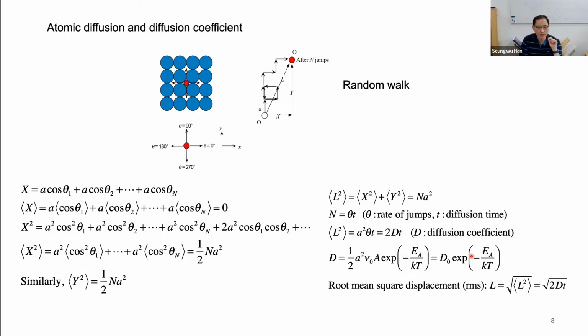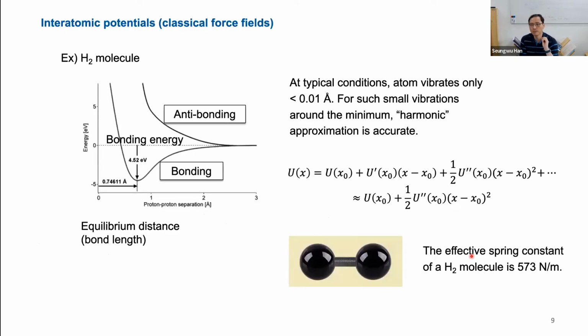All right, so the key point is how can we obtain the interaction among the atoms? Such an interaction among the particles is called the interatomic potential, or we call it a classical force field. Let's discuss the simplest example, the H2 molecule. You have this H2 molecule with 2 protons, and the x-axis is the proton-proton separation, and the y-axis is the energy of the hydrogen molecule system.